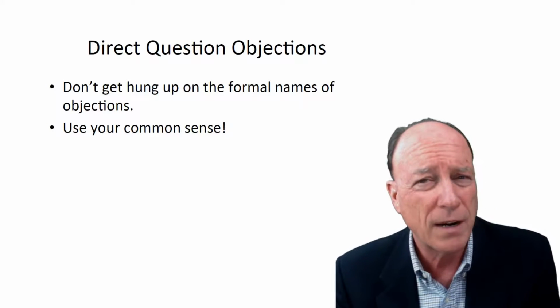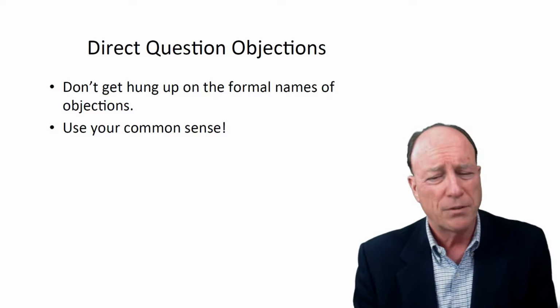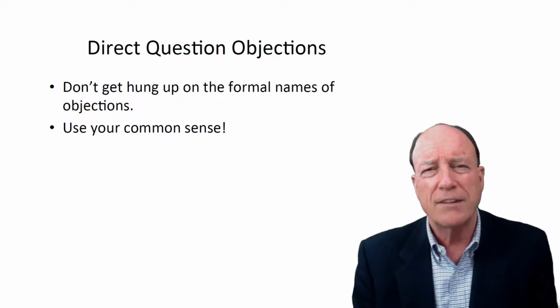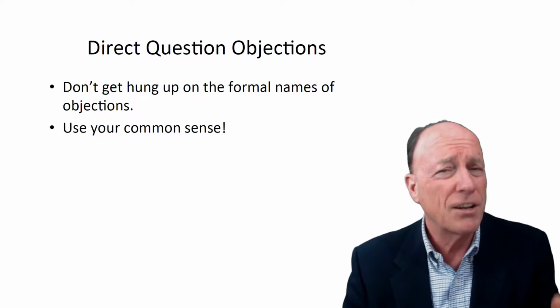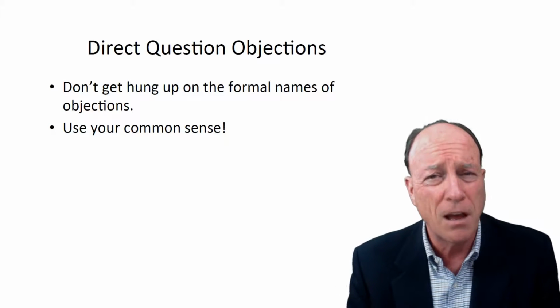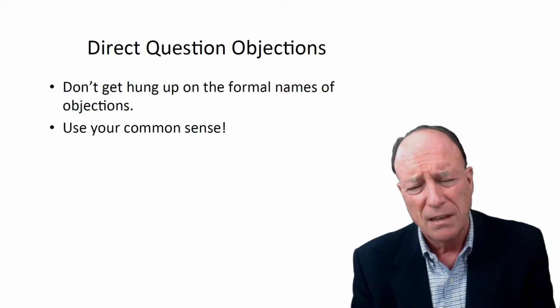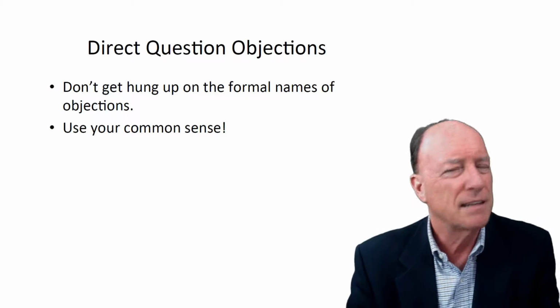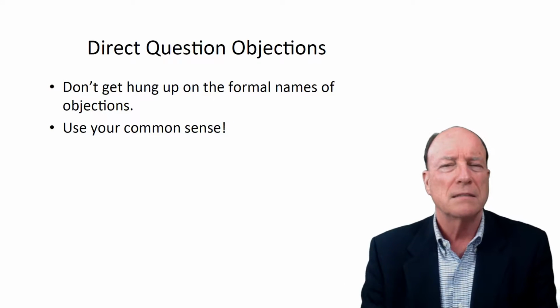But here's what I tell my team members. Common sense will get you pretty much as far as you need to get for a competition of this nature. The arbitration setting does not require formality.